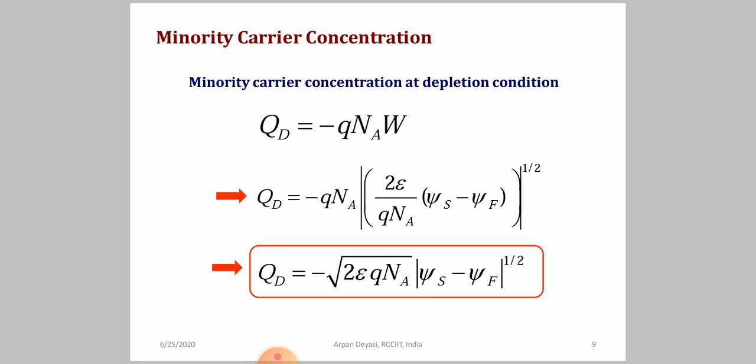W multiplied by rho, and rho is minus QNA. So if I substitute it, then QD equals minus QNA W, and that part I have discussed earlier. So a simple calculation, QD becomes minus root over 2 epsilon QNA mod of (psi s minus psi f), surface minus Fermi, to the power half.